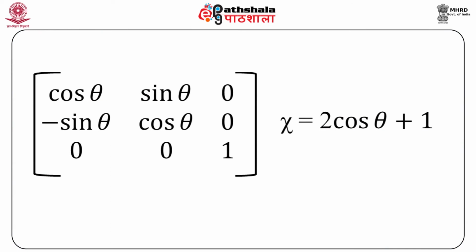The character for this is 2 cos theta plus 1. Theta you can put down any value now. You can put down 90 degree, 45 degree, 120 degree, and by making use of this formula we can get the character for 3 unit vectors.